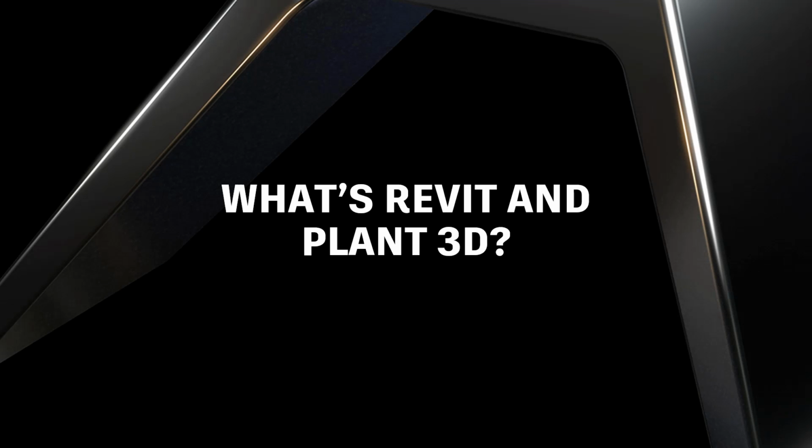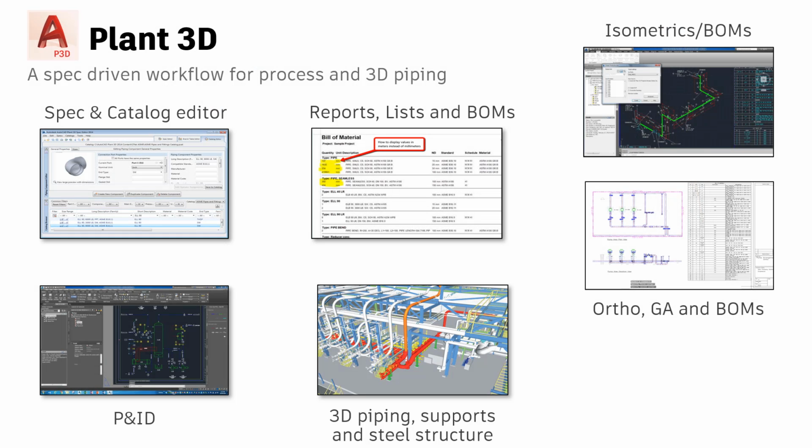Let's start with the introduction. What is Revit and what is AutoCAD Plant 3D? AutoCAD Plant 3D is a desktop piece of software which covers spec-driven workflows for both P&ID processes and 3D piping.